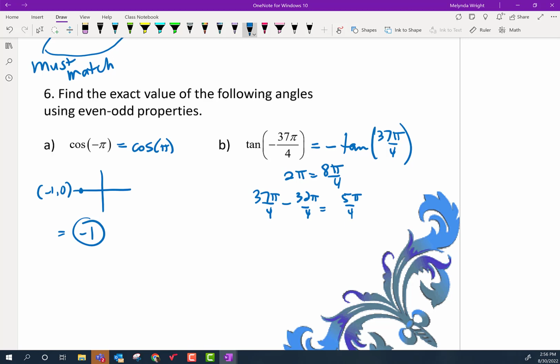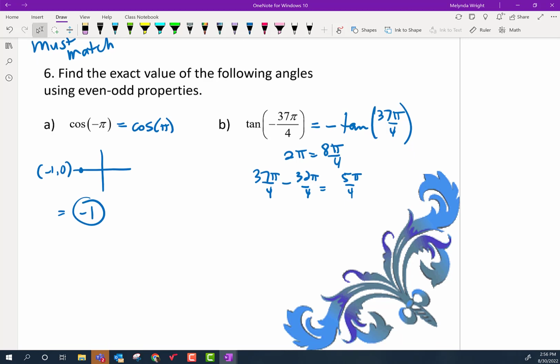Are we good? Okay. So let's do our unit circle. I'm going to count the fourths, like a round. I usually put dots when I'm counting just so I keep track. 1 pi over 4, 2 pi over 4, 3 pi over 4, 4 pi over 4, 5 pi over 4. So 5 is right here. All right, good.